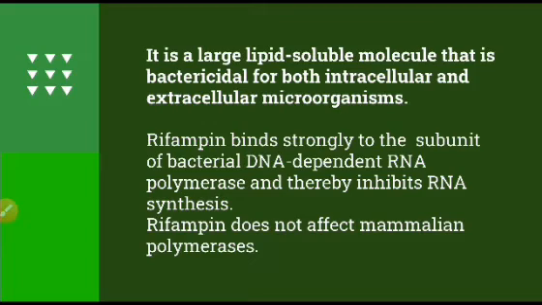Now we'll see what the mechanism of rifampicin actually does. It is a large lipid soluble molecule that is bactericidal for both intracellular and extracellular microorganisms. Rifampicin binds strongly to the beta subunit of bacterial DNA dependent RNA polymerase and thereby inhibits RNA synthesis.